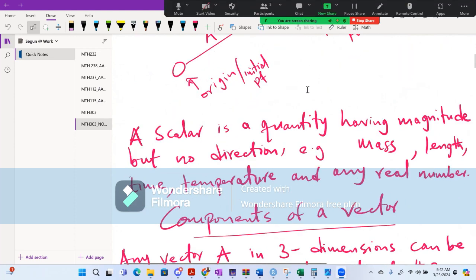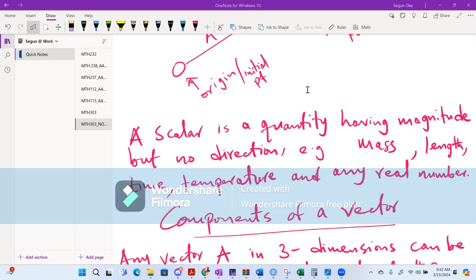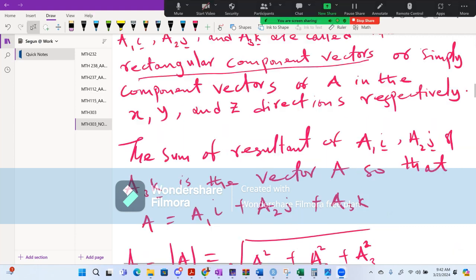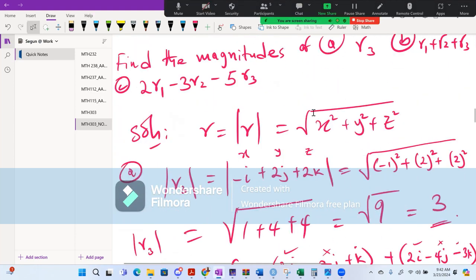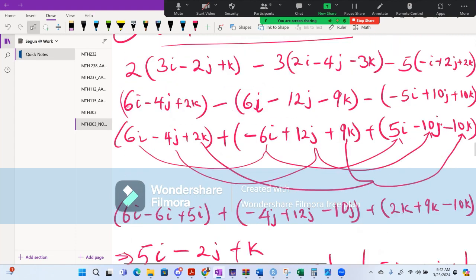A scalar is a quantity having magnitude but no direction, e.g. mass, length, temperature, time, and any real numbers. So in this case, we can begin to see how we link all these together so that it can become one.